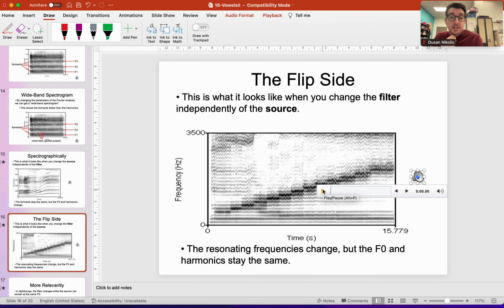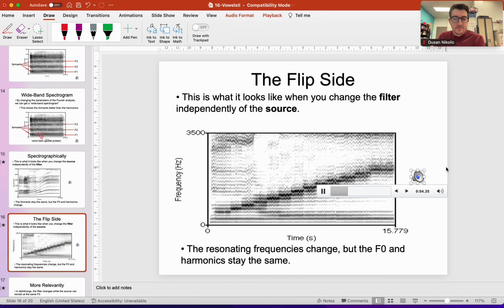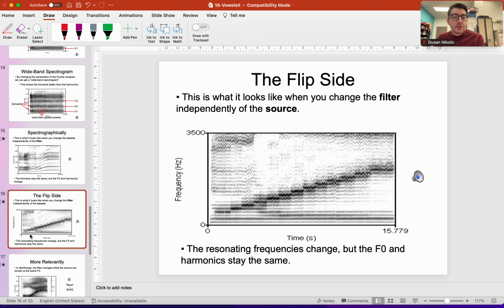So he's changing the harmonics, but the fundamental frequency remains the same. Right. So these two are independent of each other.